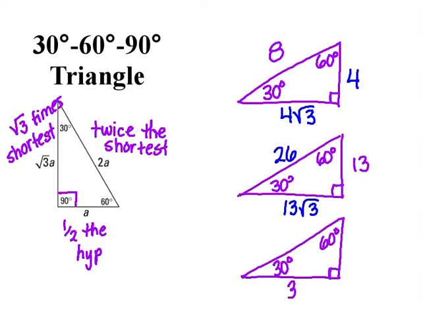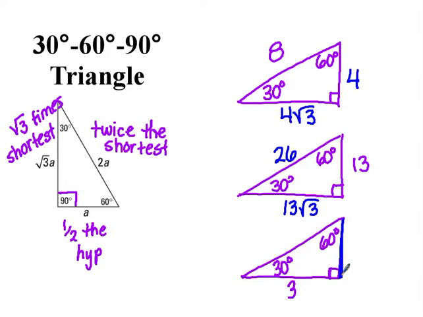Okay, so let's think. Obviously I have to find either the hypotenuse or the vertical side, and then it's going to be pretty easy. Whenever you're given the side opposite 60, this is the side you're going to find. So what I need to do is look back at my relationships here. When I knew the vertical side, what would I do to get the horizontal side? You would take it times root 3.